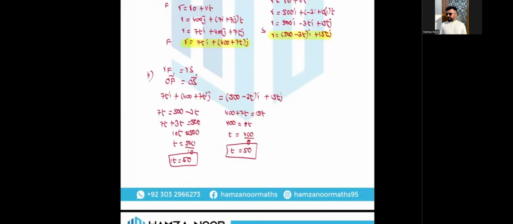Since we are getting the same value of t, we are going to say that therefore the ferry and speedboat will collide at t is equal to 50.